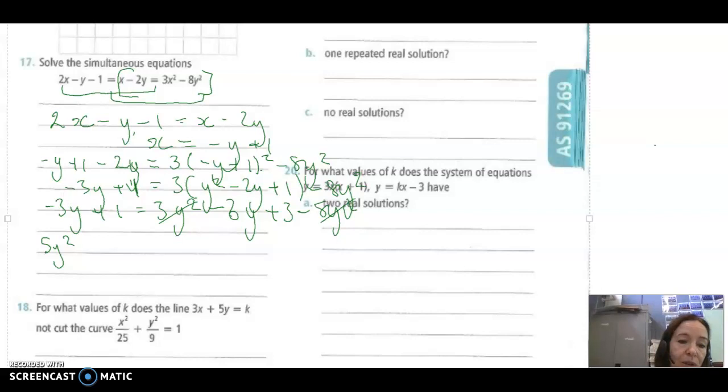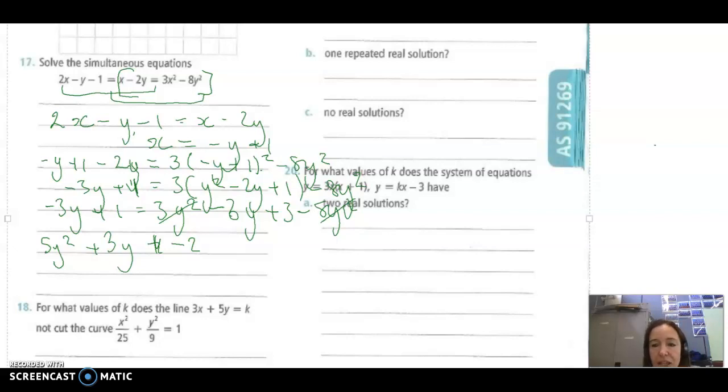So that means I'm going to have plus 3y, and then plus 1 and plus 3. So that is going to be minus 2. Yep, because if I take the plus 3 over, it's going to be a minus 3. There you go. So now I just need to factorize that.